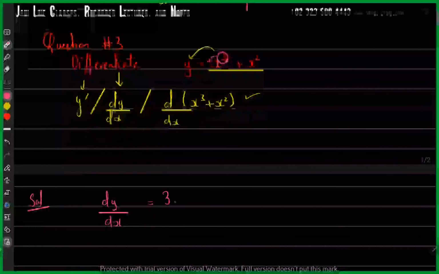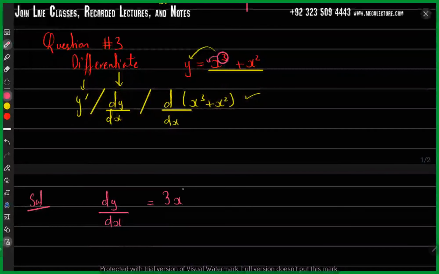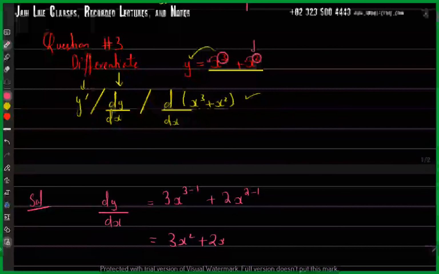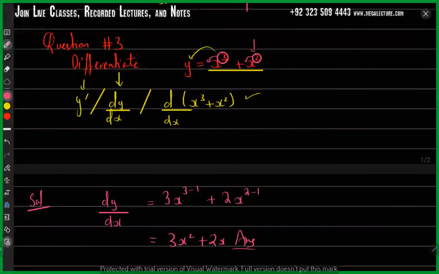It's 3x, and the old power is 3, so we do minus 1. Plus, this is a separate case. I have 2 here. This 2 is going to come over here. Plus 2 into x, and in the power of x, I'll write 2 minus 1. In the next line, this becomes 3x squared plus 2x, and this is going to be your answer.